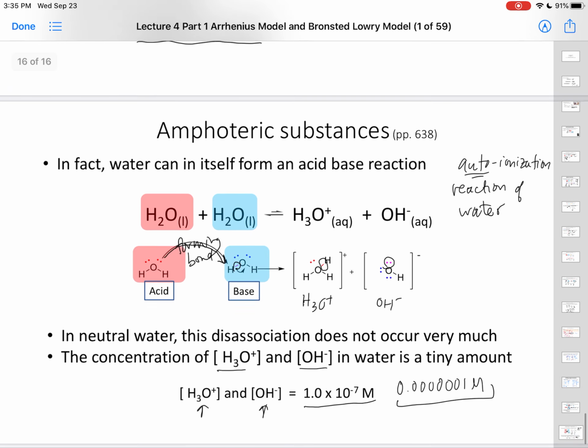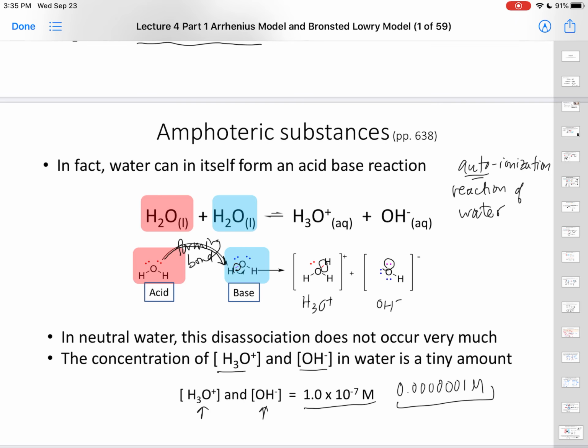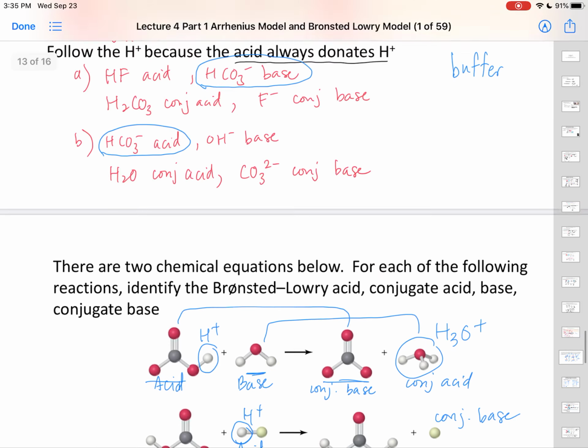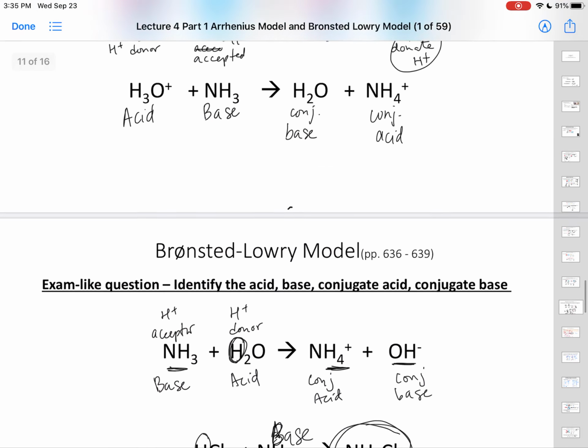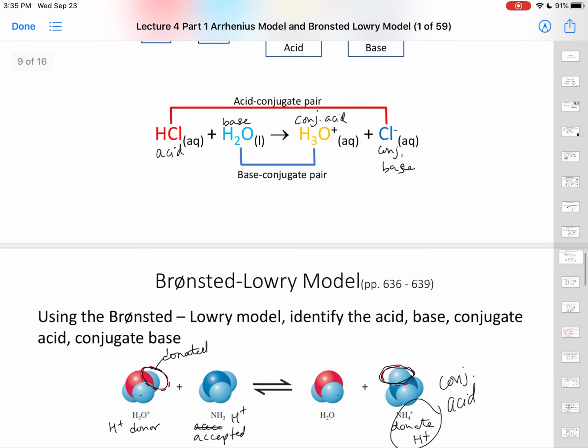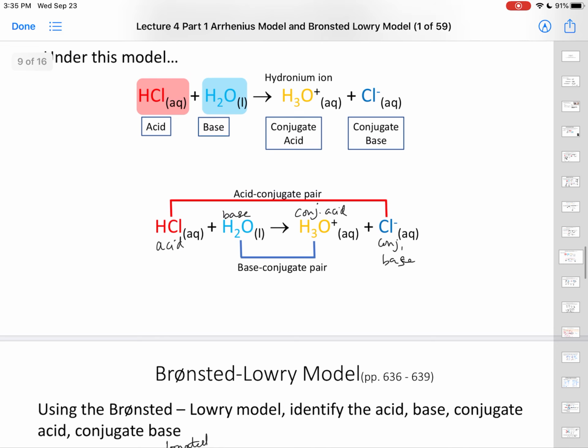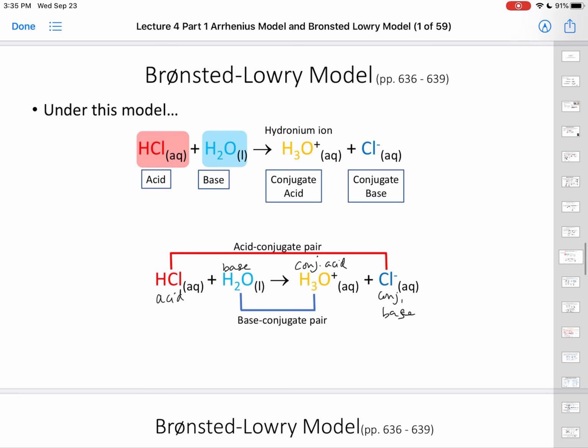Okay, so in terms of this video, the main takeaways are this. You should identify what is an Arrhenius acid and base, and more importantly, you should be able to identify what is an acid and base with the Bronsted Lowry model. In particular, it's very important to be able to do these kinds of problems where you identify the acid, the base, the conjugate acid, and the conjugate base in terms of the Bronsted Lowry model.